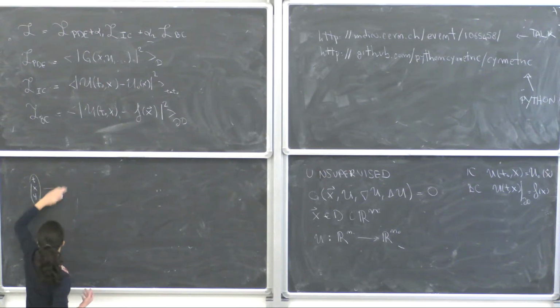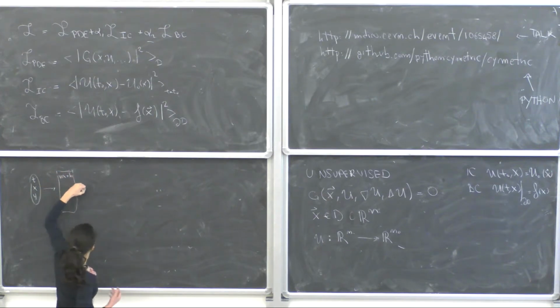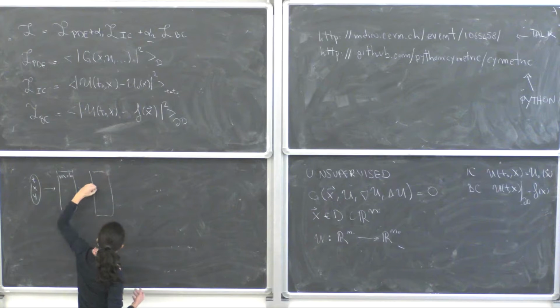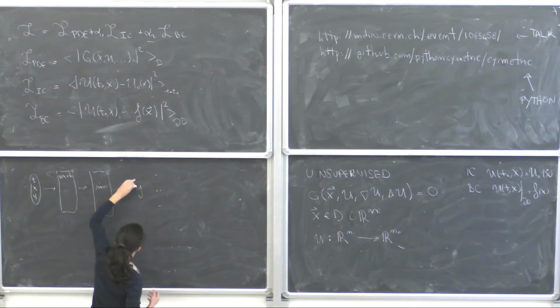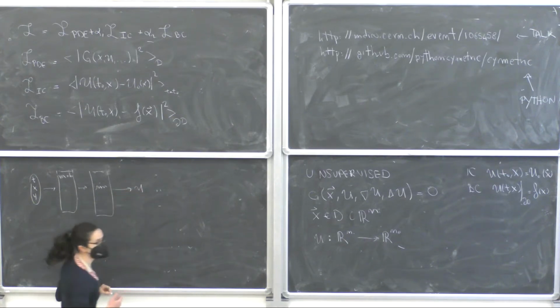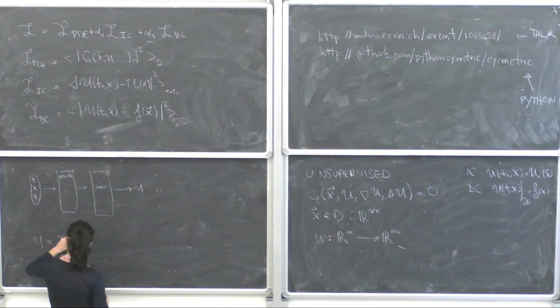If I follow Riccardo's notation, we have a linear transformation, then on top of this I use a sign activation function, and then I compute my output, which I call U. This is nothing but a discrete Fourier transform, because I'm going to express my function as a sum of sines.